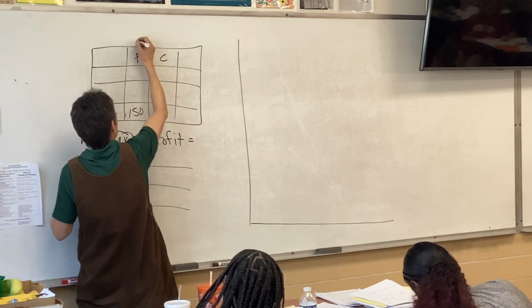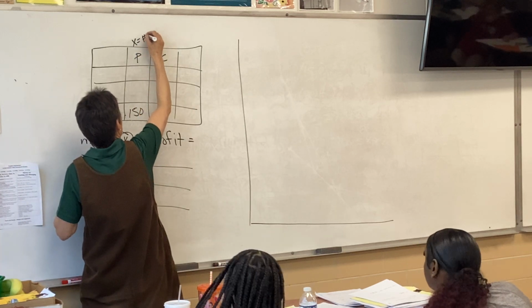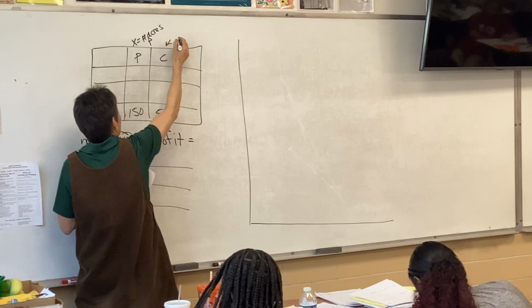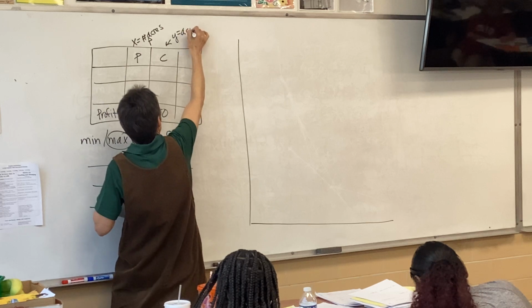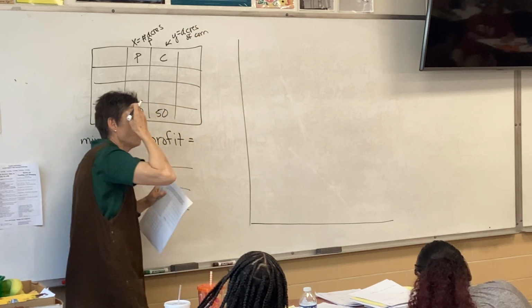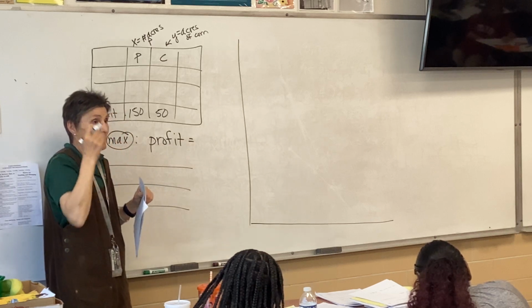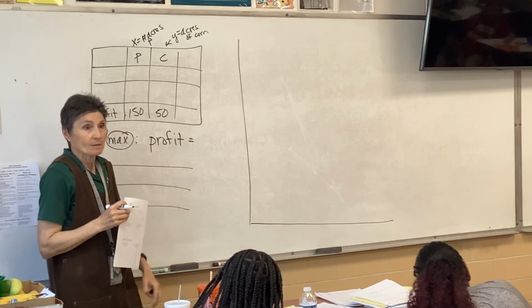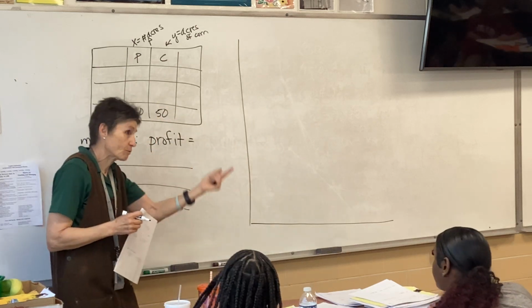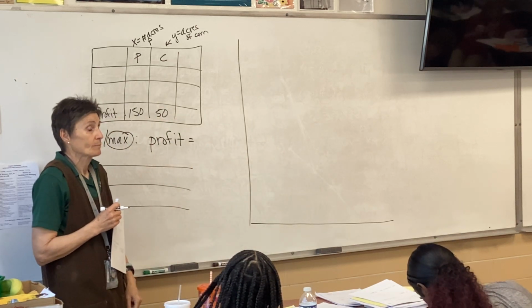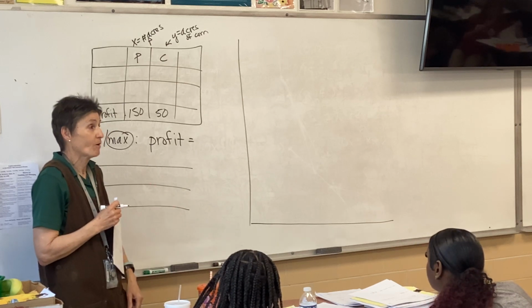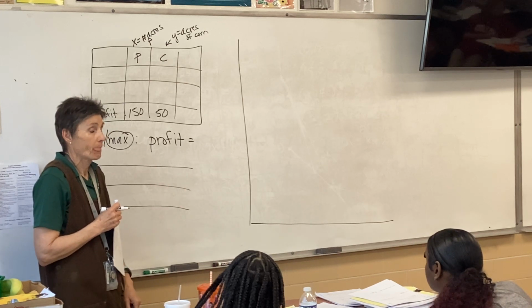So X is gonna be the number of acres of potatoes, and Y will be the number of acres of corn. Remember, X and Y are almost always the question. So what do we wanna know? How many acres of potatoes are we planting? How many acres of corn are we planting? This is a real life problem. Farmers deal with this all the time.